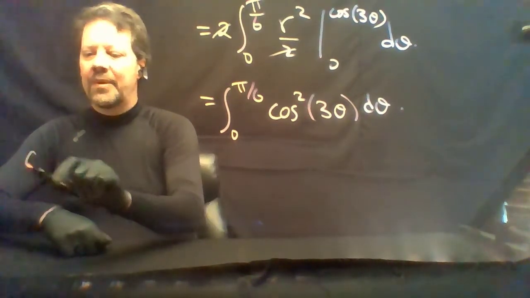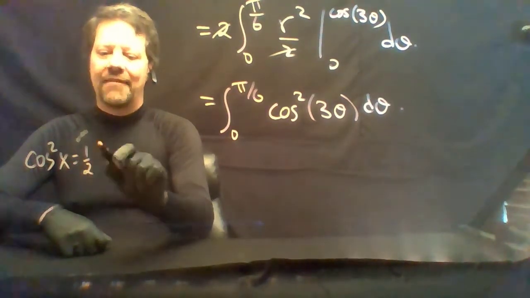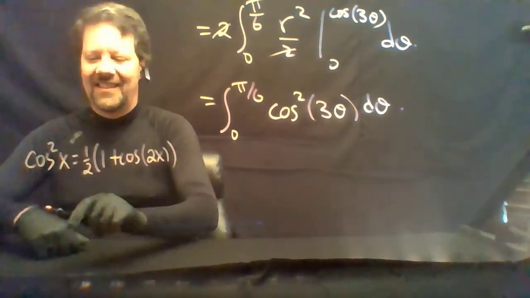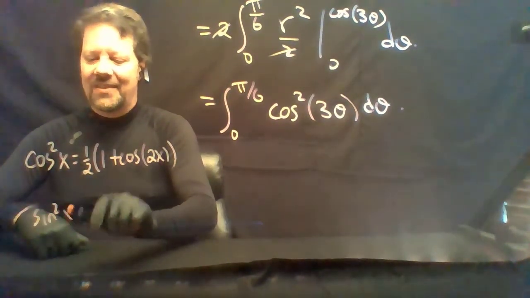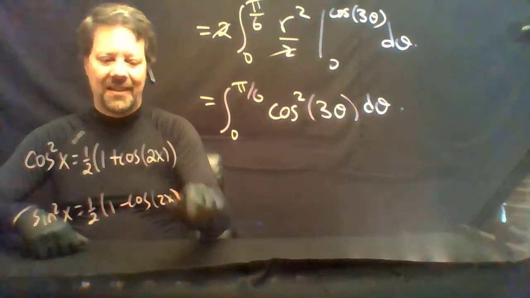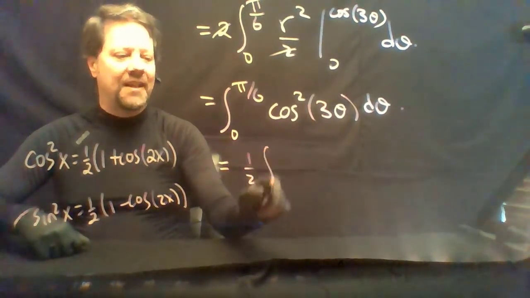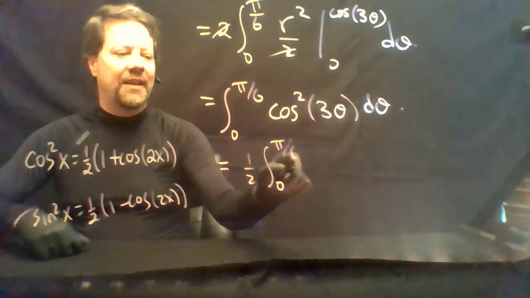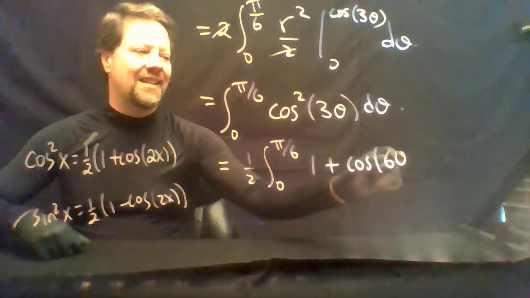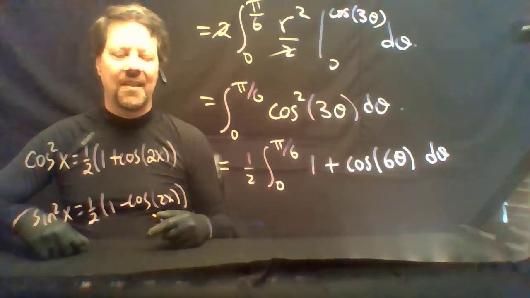Now, remember that cosine squared of x is 1/2 times the quantity 1 plus cosine of 2x. And also, sine squared x is 1/2 times 1 minus the cosine of 2x. So we will have 1/2 times the integral from 0 to pi over 6 of 1 plus the cosine of 6 theta d theta.